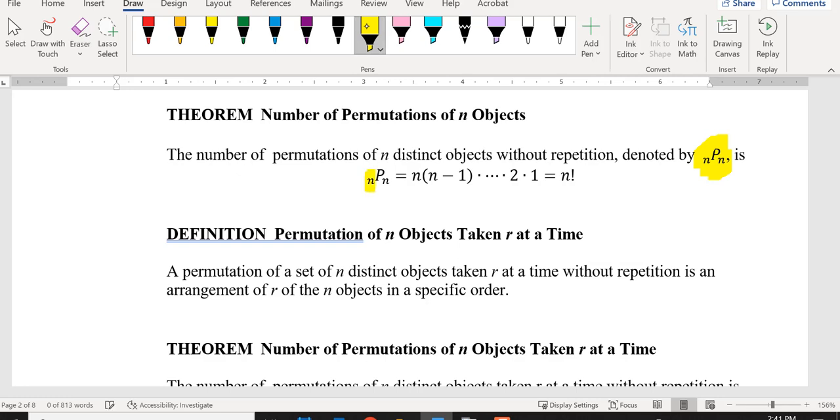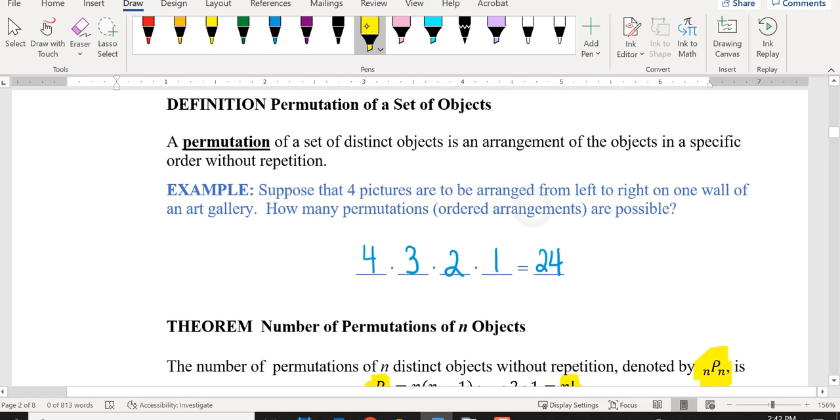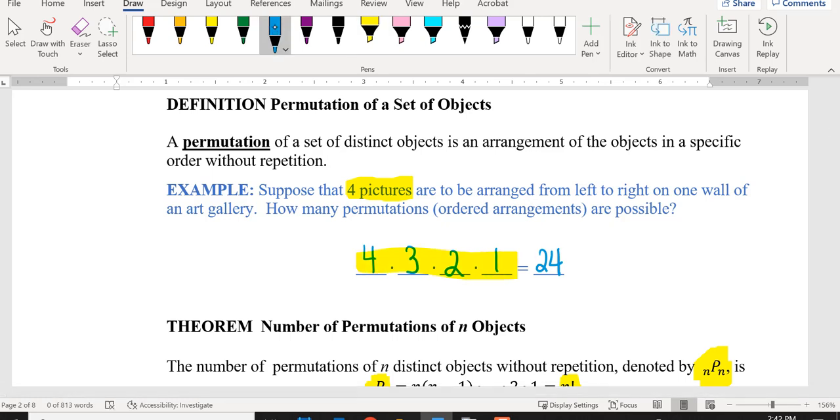You have n objects and you need to pick all n. The number of permutations of n distinct objects without repetition is n factorial. That's if you use all n objects. Up here, we had 4 pictures to choose from, and we wanted to arrange all 4 of them in a row. And we found out that that was just 4 factorial, correct?